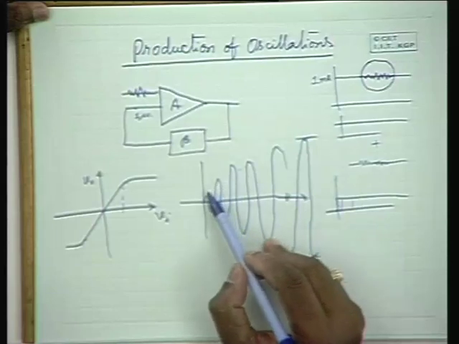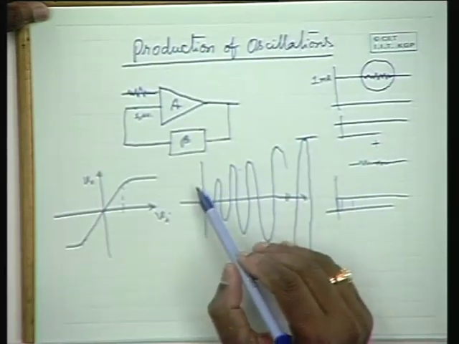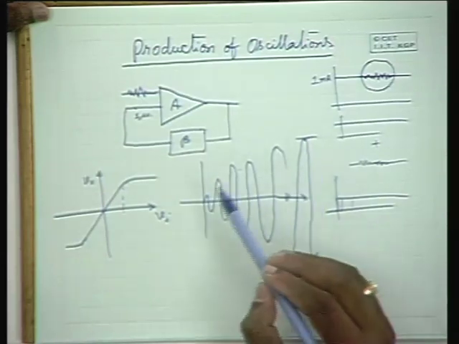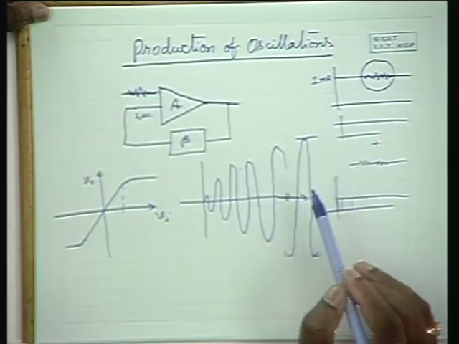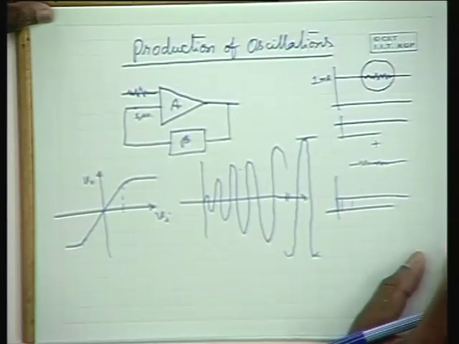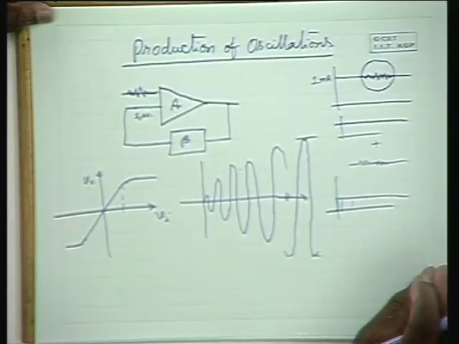So there is a question there. Normally, what is the amount of time a circuit takes for oscillations, what is the transient duration after which the oscillations are sustained? Well, you tell me the question, you give me the answer. It naturally depends on the magnitude of A beta.